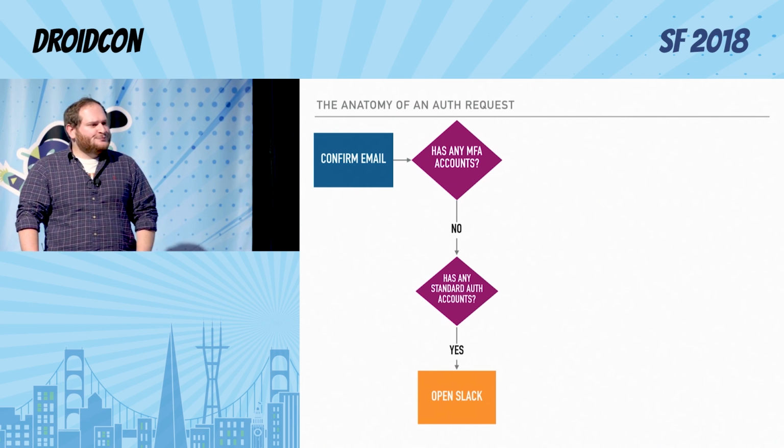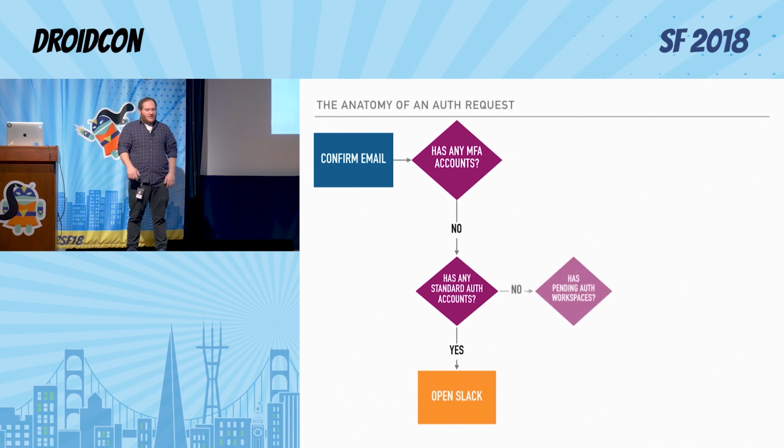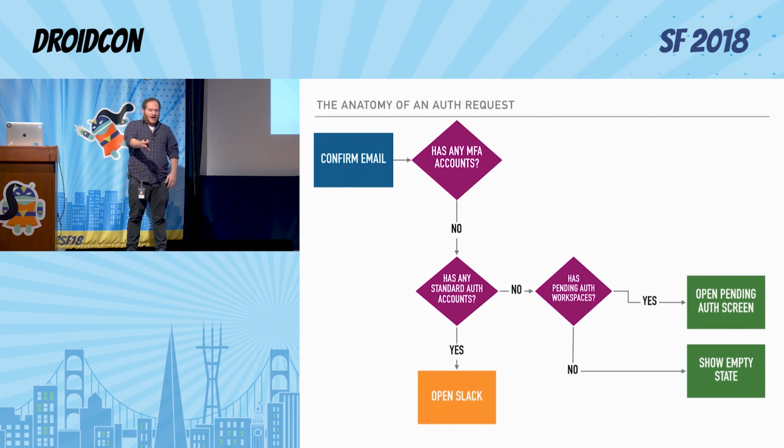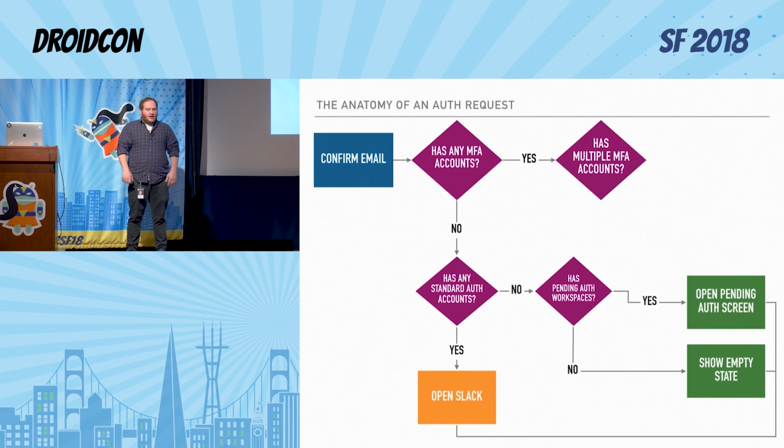Is to open Slack. There are some pivot points here. So there's this thing called pending auth, or what we would refer to as whitelisted workspaces, which some orgs use, some enterprises use. And if they have that, we want to open the pending auth screen, and if not, we have an empty state there. They have to get back to Slack.